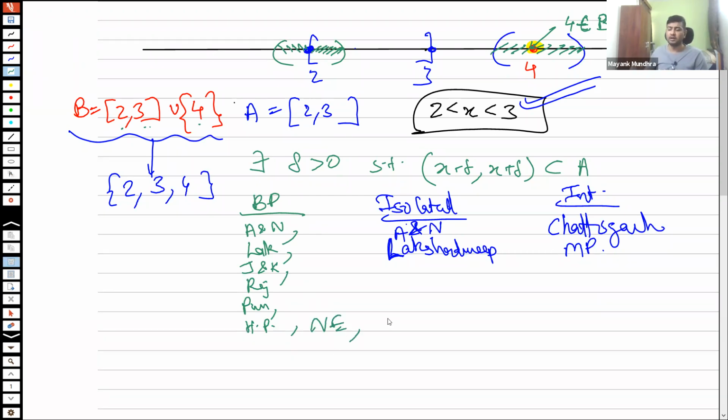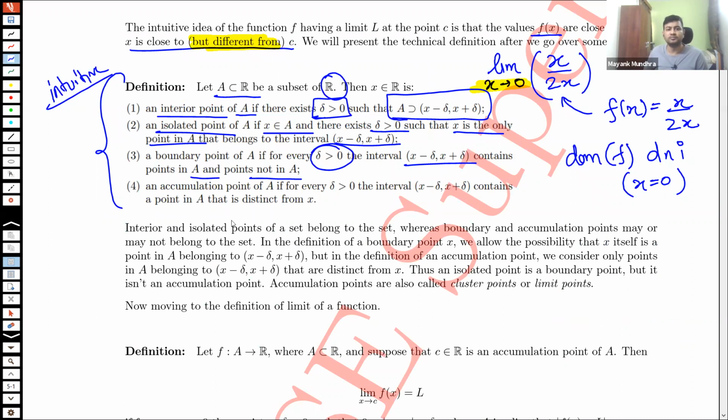Then we have all the states along the coastline like Gujarat, Maharashtra, all the southern states, Goa, and so on. So we have more boundary states than isolated states. That is the definition of a boundary.